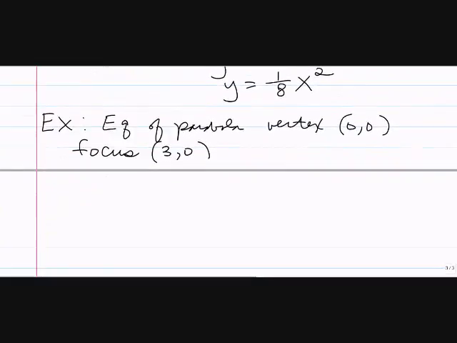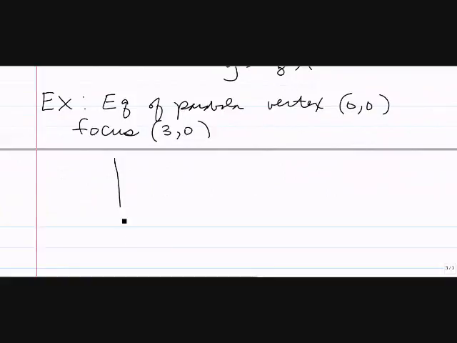Okay. So let me make my drawing. I find it easier to understand these if I draw them. There's my vertex at 0, 0. My focus at 3, 0. My parabola always opens up towards the focus. So that's what I'm talking about.